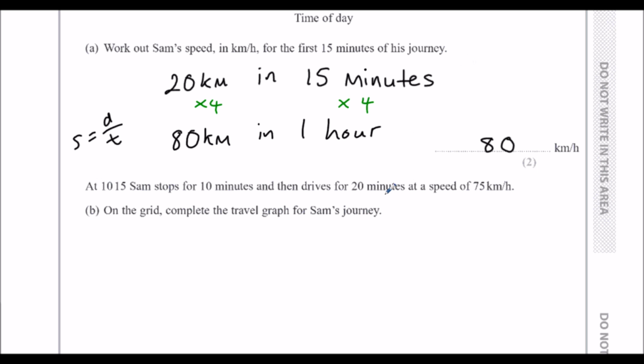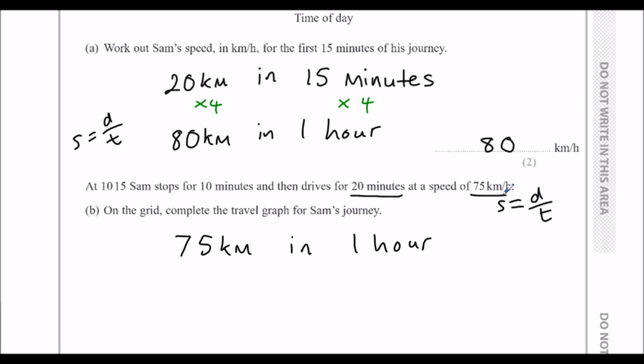Then he drives 20 minutes at a speed of 75 kilometers per hour. So again, we could use speed equals distance over time. This time we're given the time and the speed, so we want to work out the distance.